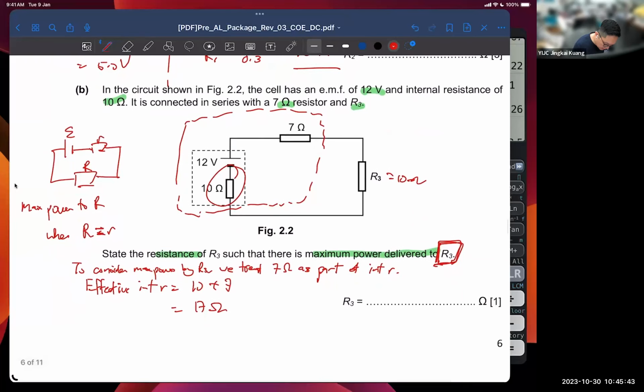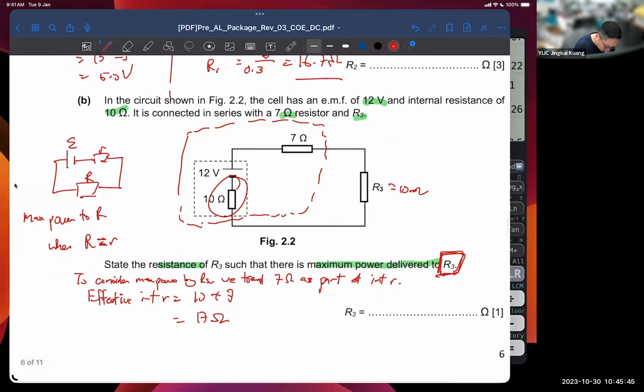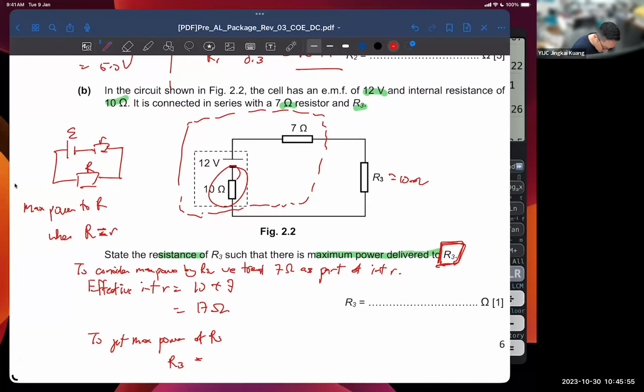So now, to get max power of R3, R3 must equal R, so this will be equal to 17 ohms.